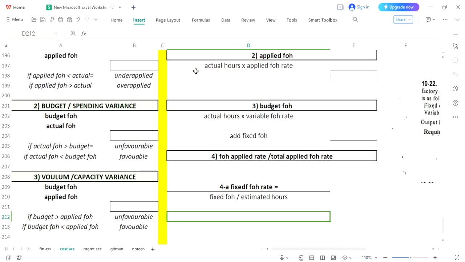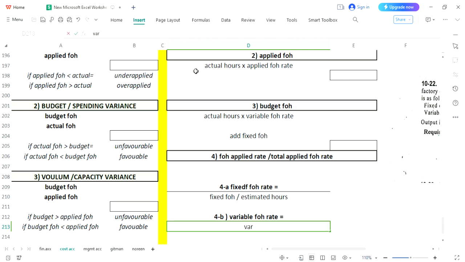And then for part B, you will be calculating variable FH rate, and how would it be calculated? By dividing variable FH by estimated hours or units.